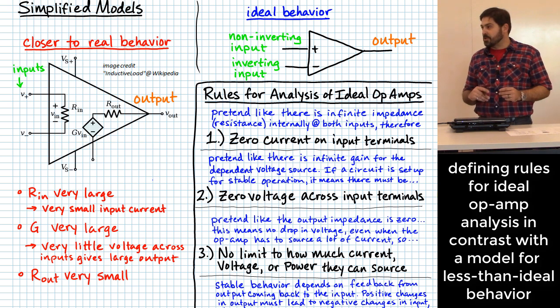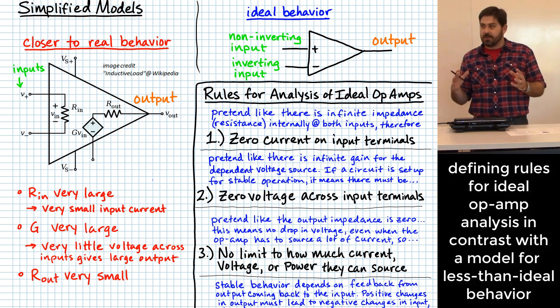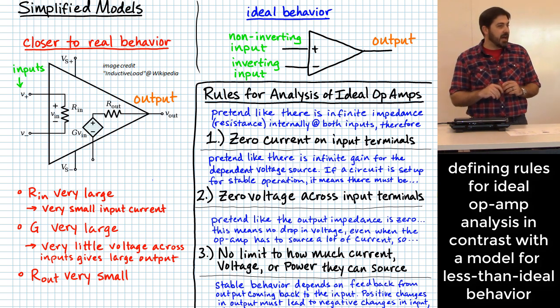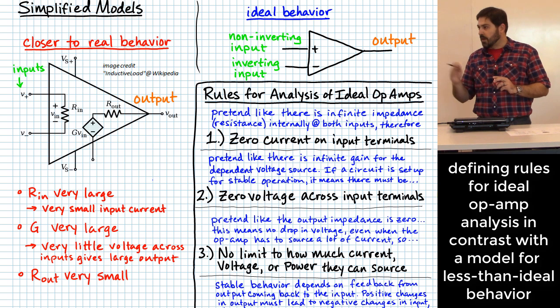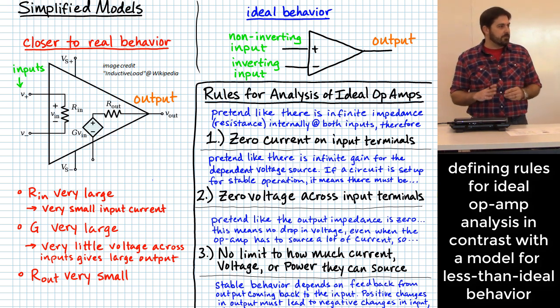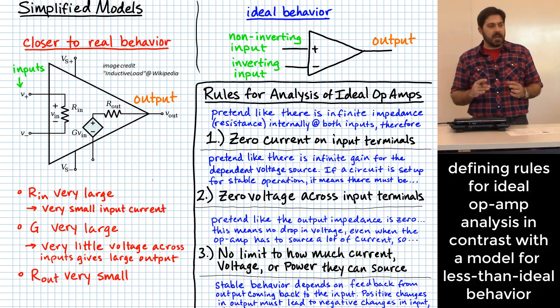We don't usually try to show anything that's inside of the op-amp. We just define a few rules on what that op-amp does. So the one that's on the right, I consider to be an ideal op-amp, whereas the one that's on the left, we're talking about something that has some parameters you can use to try to describe its behavior and get closer to what a real op-amp might do.